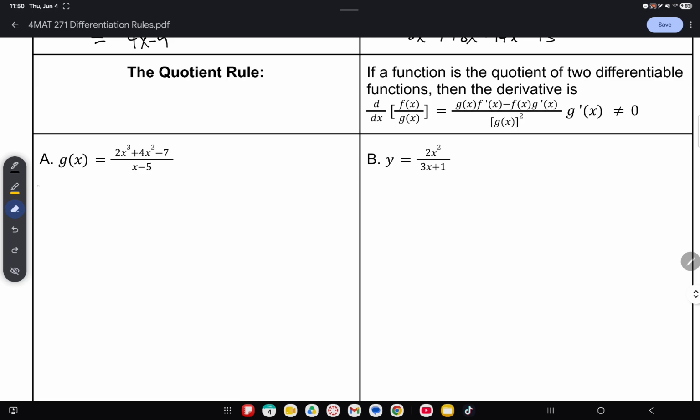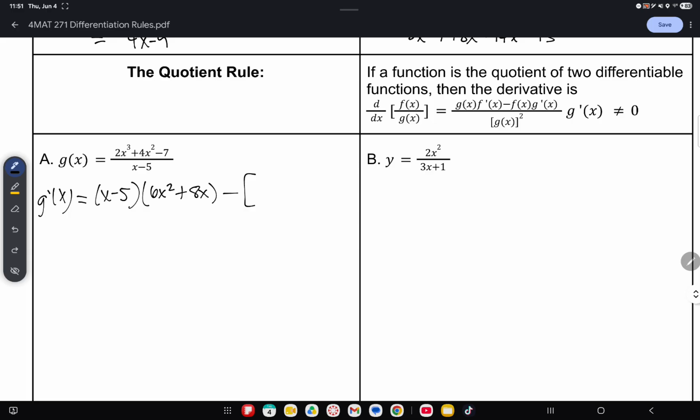So we've got low, which is x minus 5, times d high, which is the derivative of the top, minus, and I throw a big bracket over here because we want to subtract off the entire quantity of high d low.